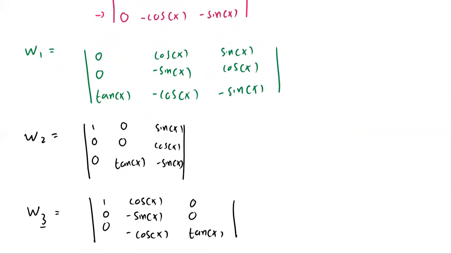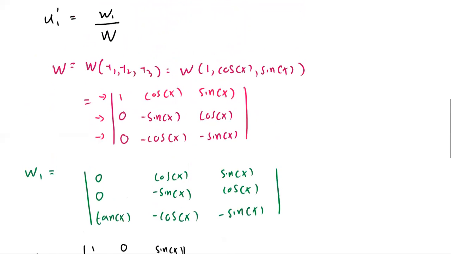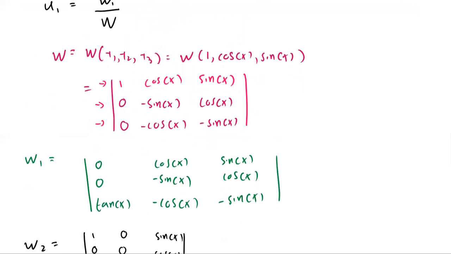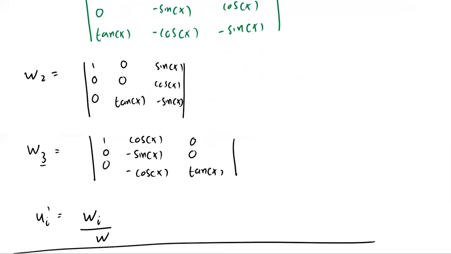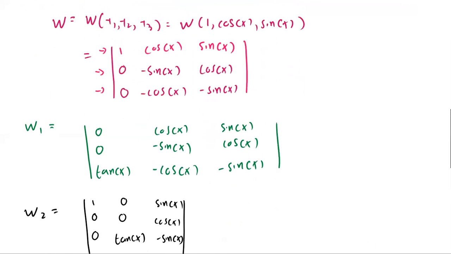Then we set up w1, w2, and w3. And these are basically the same Wronskian as w, but you replace the ith column. So w1, you replace the first column, w2, you replace the second column, w3, you replace the third column. What do you replace each of those columns by? You replace it by a column of all zeros with the last entry being tangent of x.